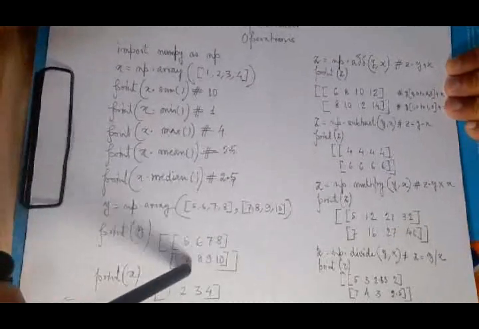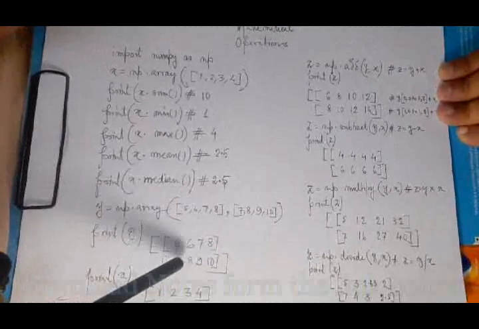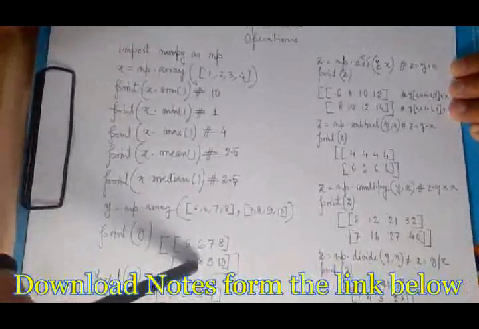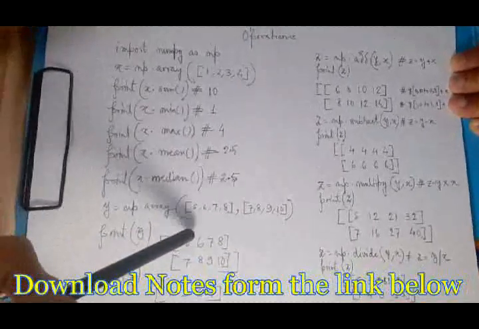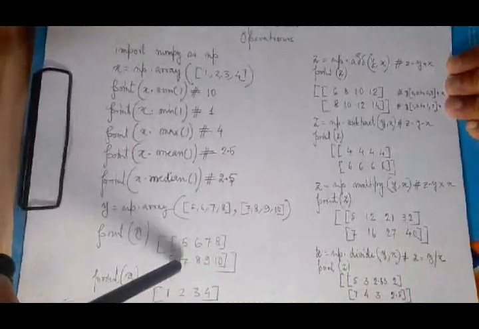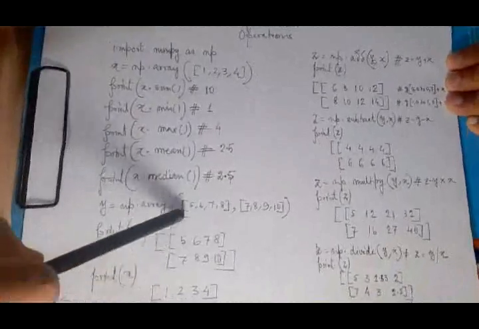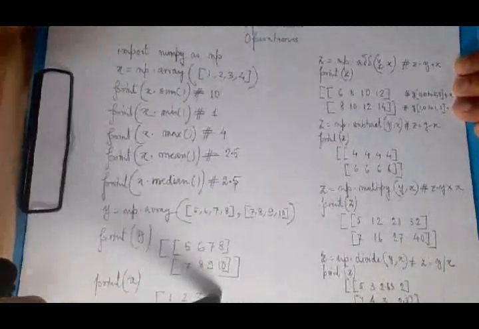The first row of y is 5, 6, 7, 8, and the second row is 7, 8, 9, 10. There are two rows, and obviously 4 columns. It has also 4 columns.